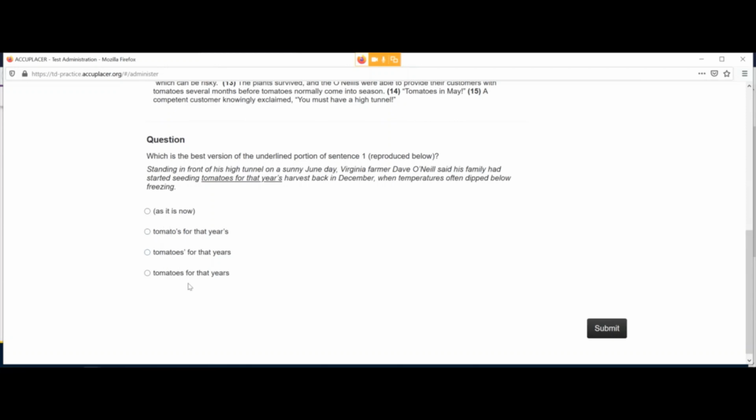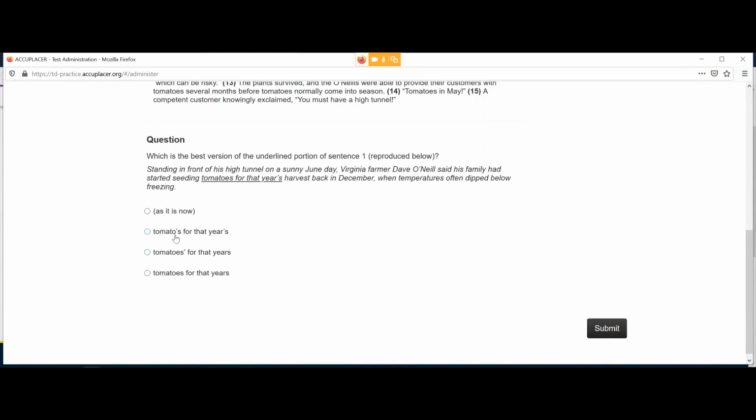punctuation or spelling or grammar, you know that there is a problem with the second choice here, because in the context of the sentence, we're saying his family had started seeding tomatoes. You notice that the tomatoes in the example here is the proper plural for the word tomato.